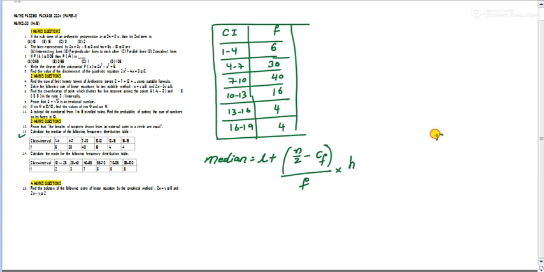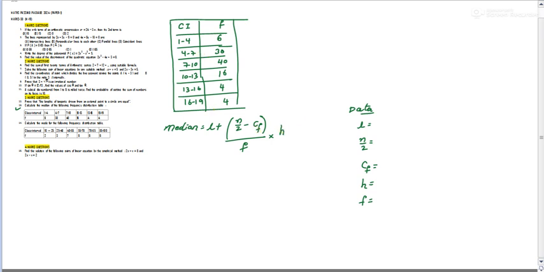So you should know what is this L, n by 2, CF, H and F. These are the important values we should know. But how will you get these values? So we are going to get these values from this table itself.